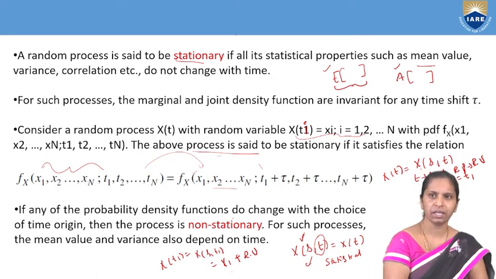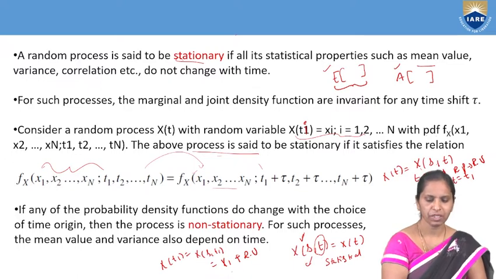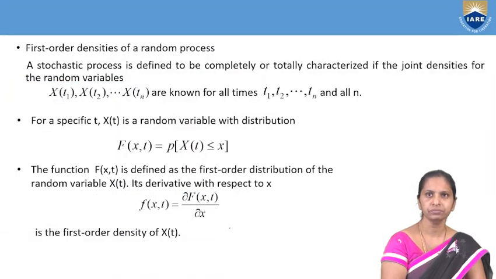Whatever statistical properties I told, in the stationary case they don't depend upon time, but here they do. So if you calculate the mean, variance and all those things, you'll get them in terms of t. Okay, so that is the definition of stationary and non-stationary random processes.